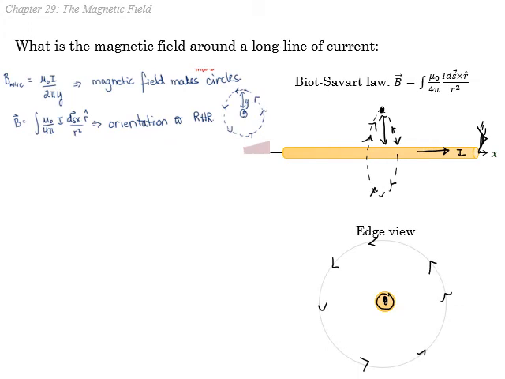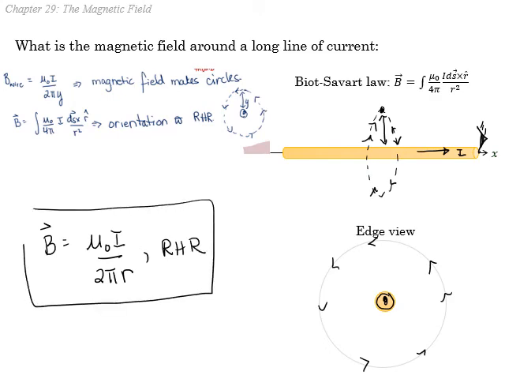And then instead of writing our magnetic field with a y, we write it with an r. So we say B is equal to mu naught times I over 2 pi r with a direction given by the right-hand rule. So there's the magnetic field around a long straight wire.